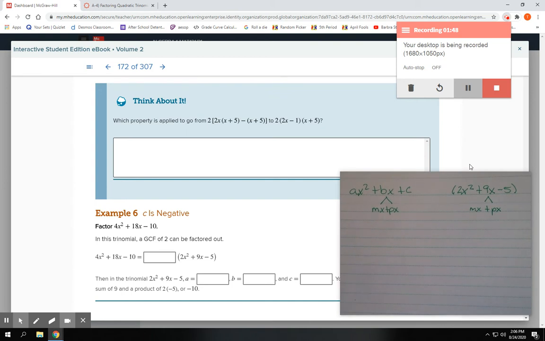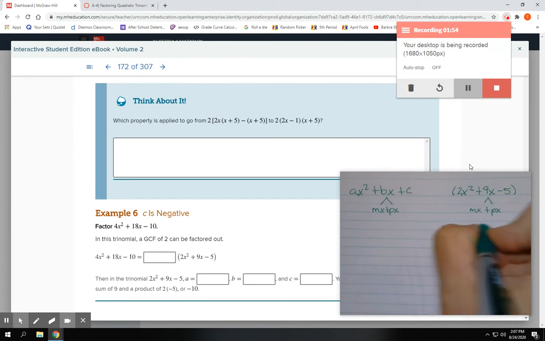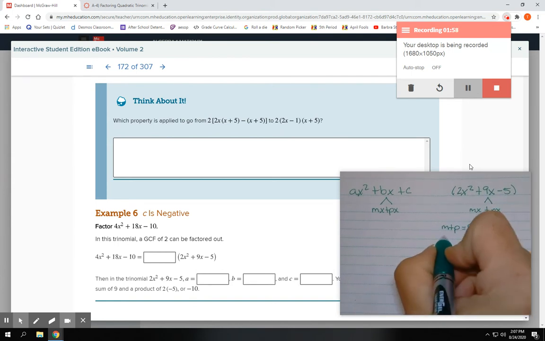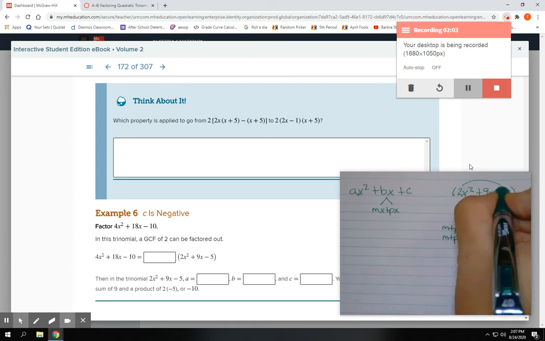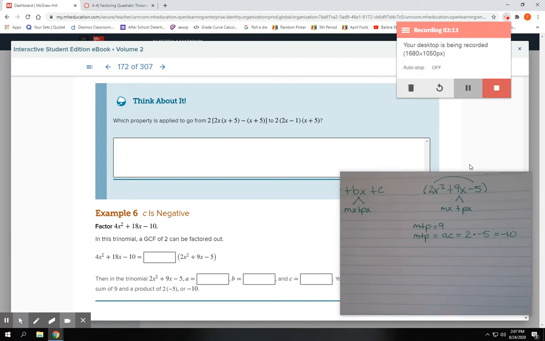So we want two numbers that add together to give us 9 and multiply together to give us a times c, or in this case 2 times negative 5, which is negative 10. Okay, so two numbers that multiply to give us negative 10 and add to give us 9.